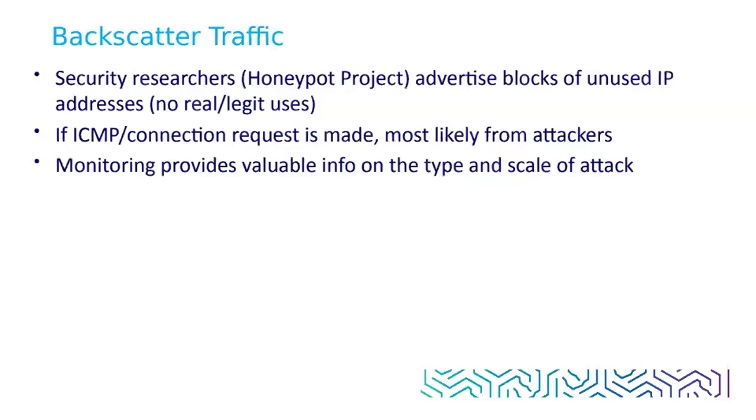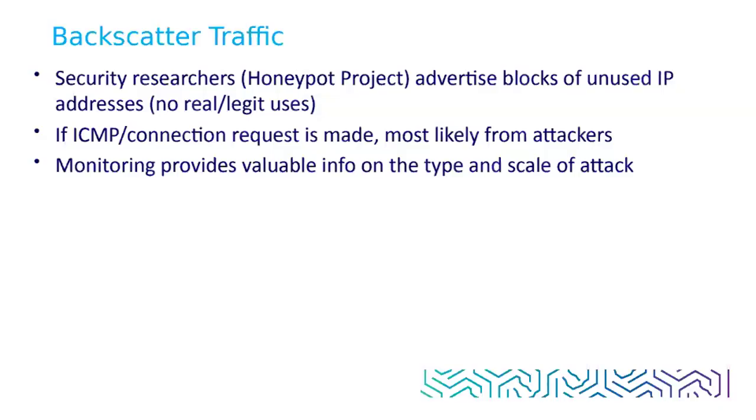And then the backscatter traffic. This is one of the important topics and consequences of IP spoofing. Let us understand what backscatter traffic is and how cybersecurity researchers use it to study internet attacks.